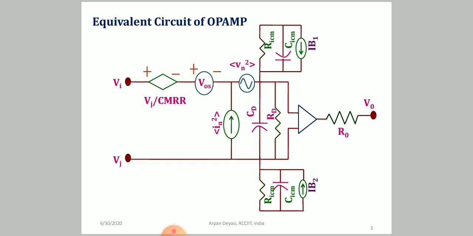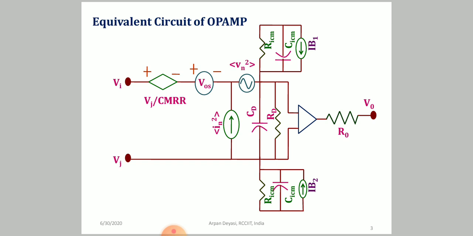Now after shorting, whatever direction you are giving voltage, either inverting or non-inverting, it will be the same because you have shorted. So on both sides I have reflected the same common mode resistance and capacitance. And the point is that the bias current may not be the same. Though the input common mode resistances and capacitances are the same, the bias current is not the same.